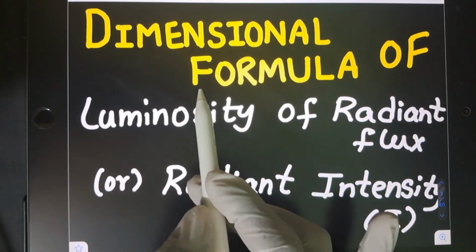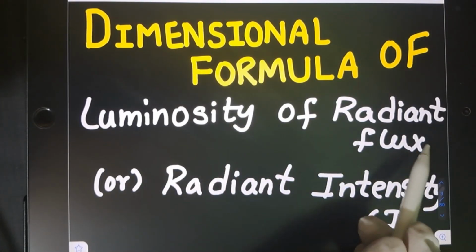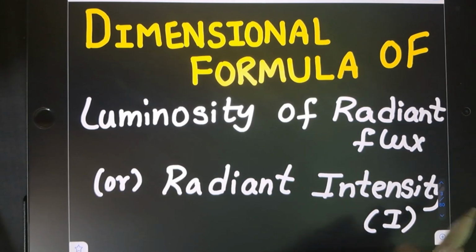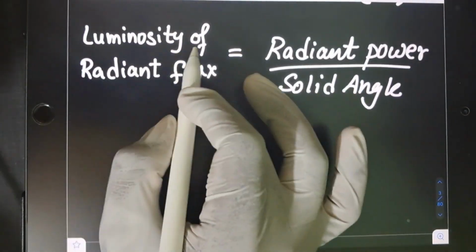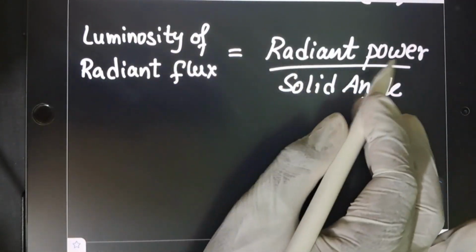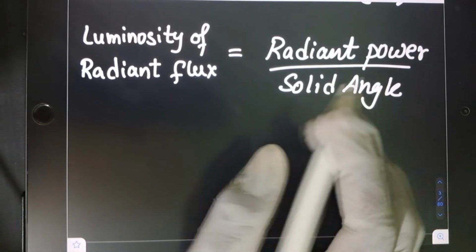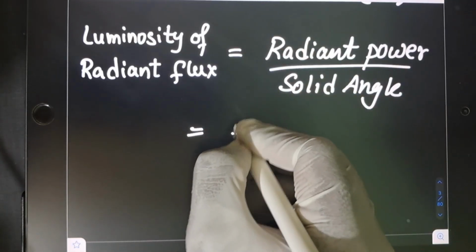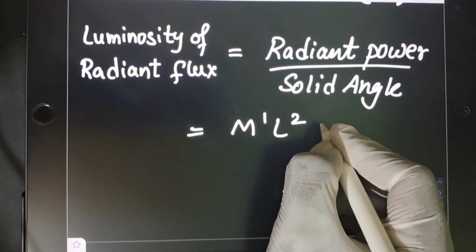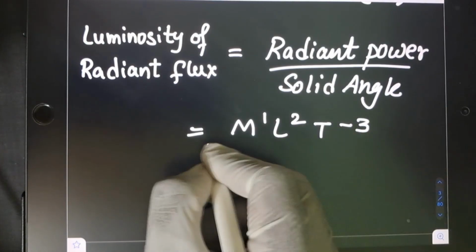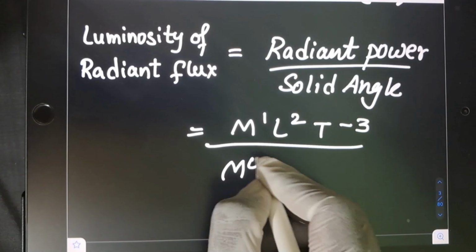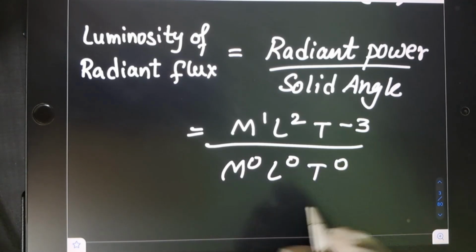To find the dimensional formula of luminosity of radiant flux or radiant intensity, denoted by the letter I. Radiant intensity is equal to radiant power by solid angle. We must know the dimensional formula of radiant power, M¹ L² T⁻³, by solid angle, which is dimensionless, M⁰ L⁰ T⁰.